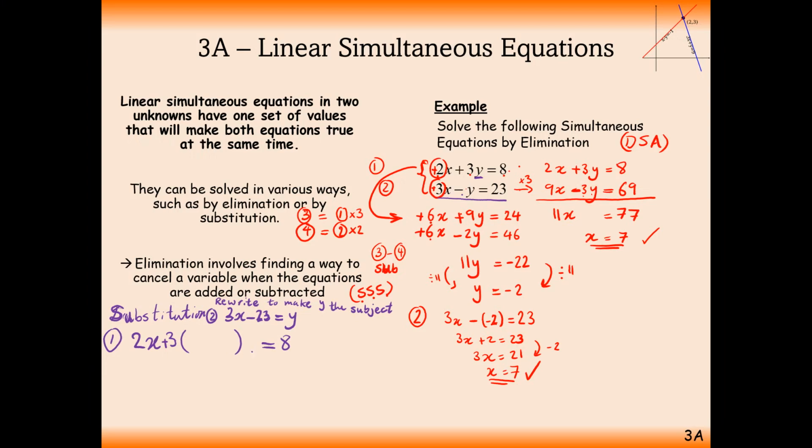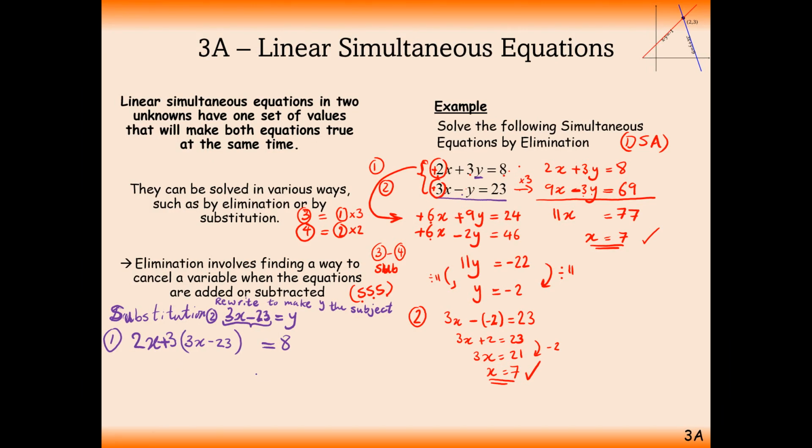Now I know that y is 3x minus 23, so I'm going to put that where the y was. So now I see equation 1 like so, that I have literally eliminated y by substitution. When they say "by substitution," that's what they mean.